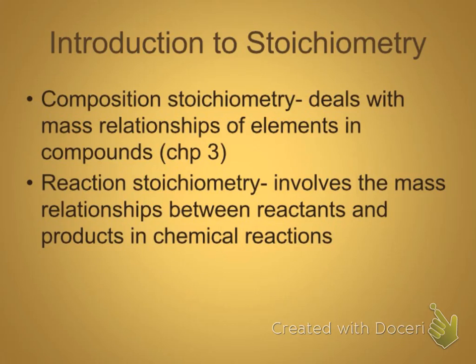What we move into now is reaction stoichiometry. Here we're looking at a chemical reaction, at the balanced equation, and figuring out how many grams of this will produce how many grams of that. Or if I need to produce this many grams of this stuff, how many grams of that stuff do I need? So this is real chemistry suddenly.